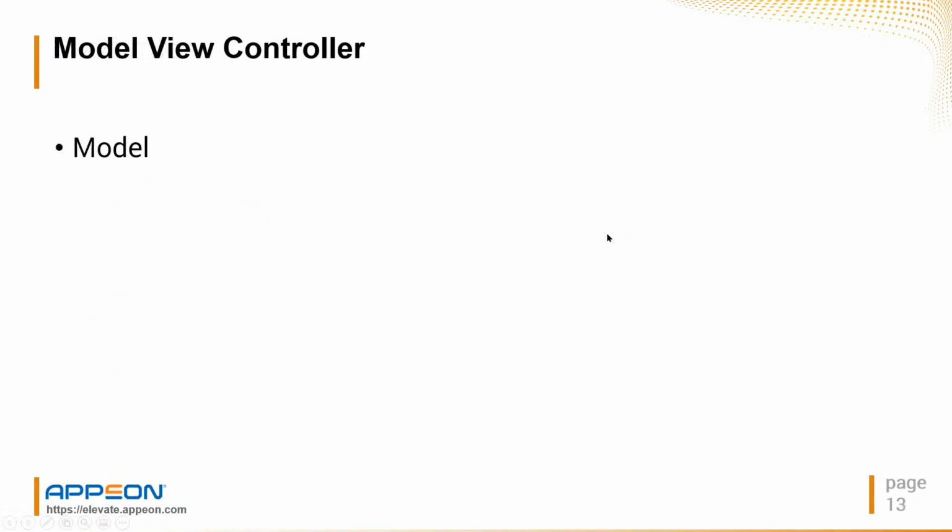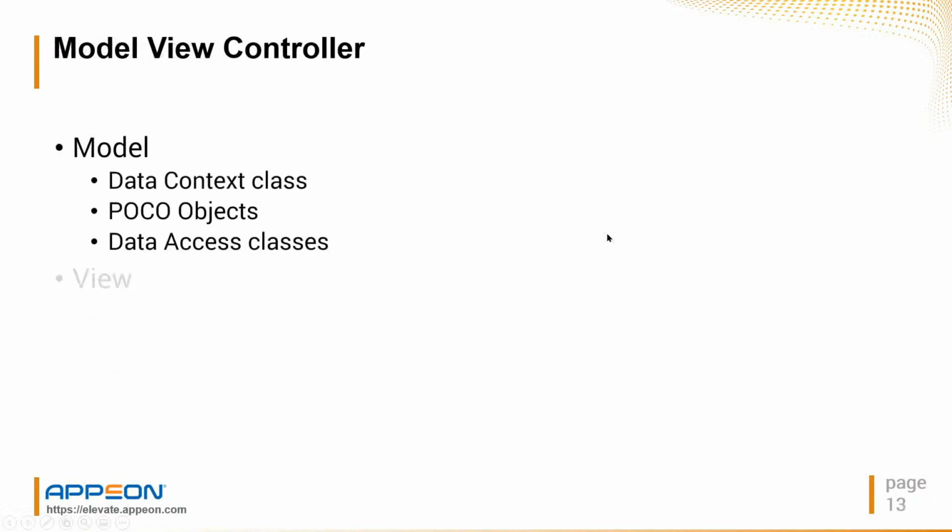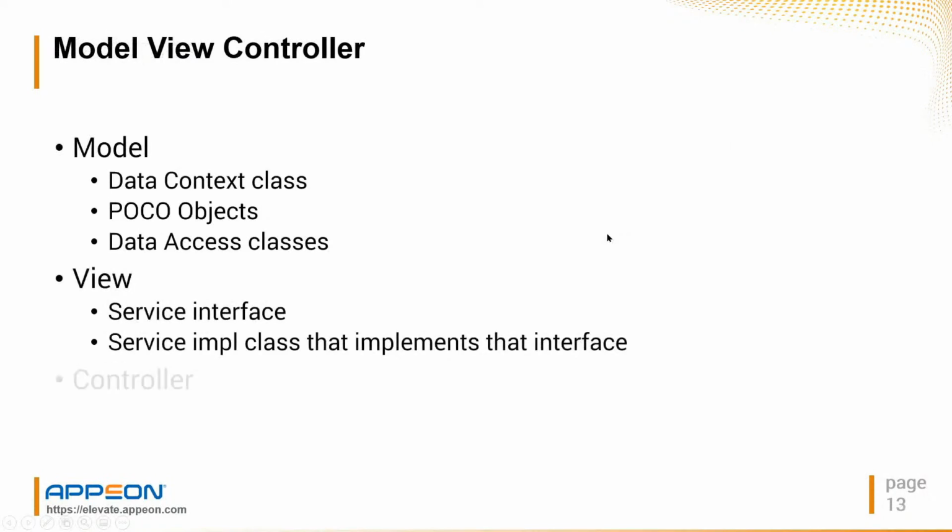Okay, so next step, we're going to actually create our model, view, and controller. I kind of mentioned those in the agenda slide. Generally, when you're creating a Microsoft ASP.NET MVC application, you have your data context class, in other words, your transaction object.